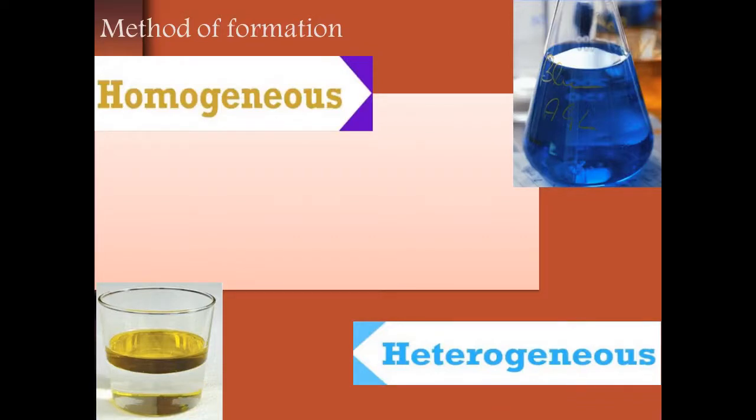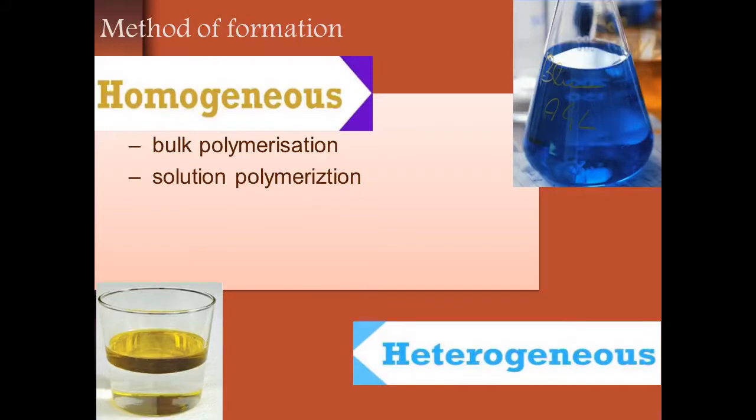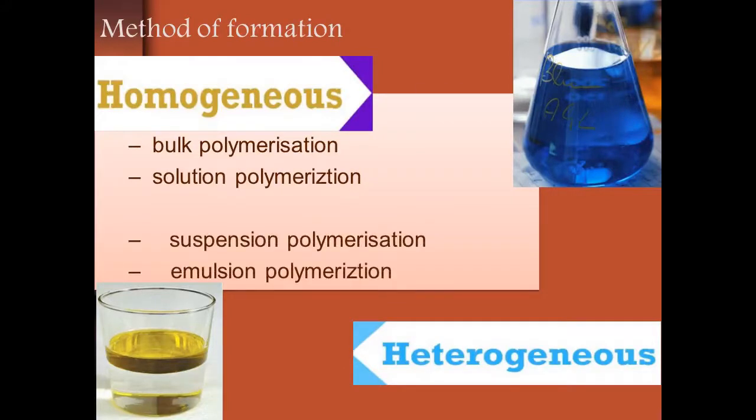Homogeneous polymerization is further subdivided into bulk polymerization and solution polymerization, whereas heterogeneous polymerization is categorized into suspension polymerization and emulsion polymerization. In this class we are going to discuss homogeneous polymerization.